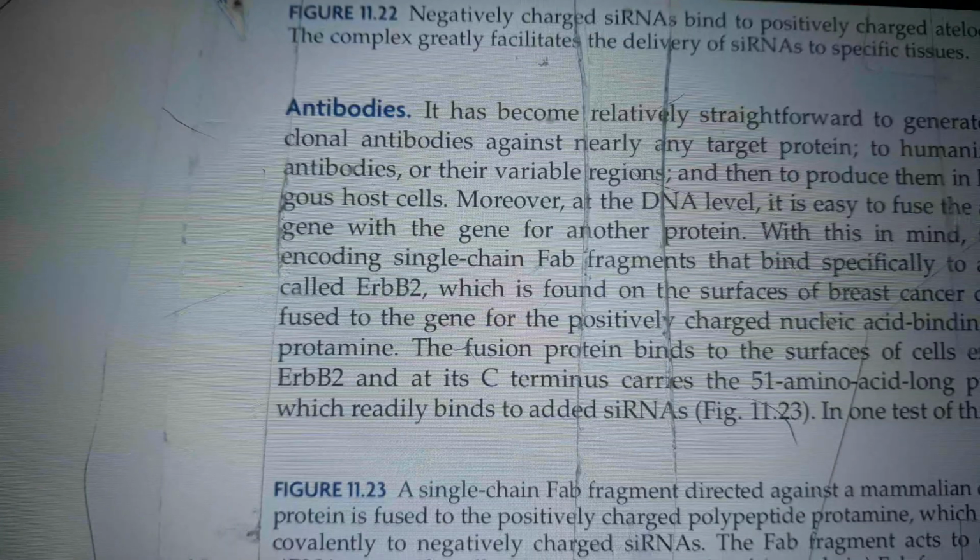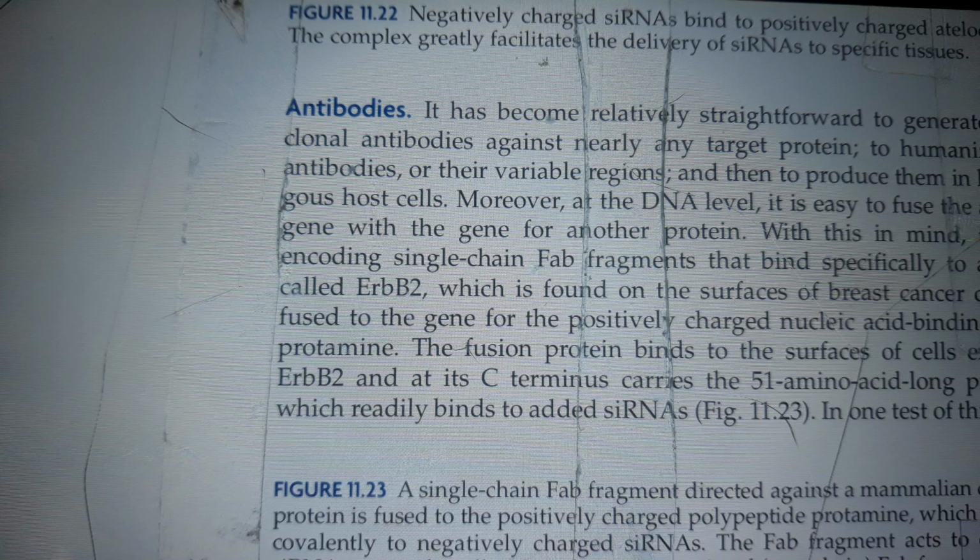Antibodies. It has become relatively straightforward to generate monoclonal antibodies against nearly any targeted protein, to humanize those antibodies at their variable regions, and then to produce them in heterologous host cells. Moreover, at the DNA level, it is easy to fuse the antibody gene with the gene for another protein.